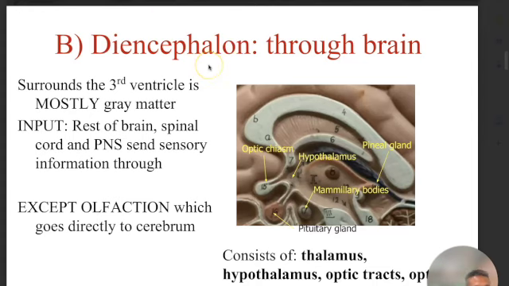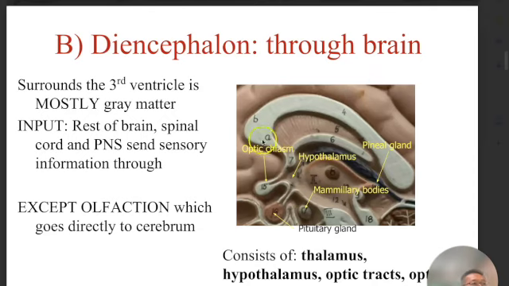Diencephalon is the connection between the cerebellum and the rest of the brain. So the cerebellum is down here. All the information goes to the cerebellum, through the diencephalon, and to the brain. So the diencephalon is a connection.